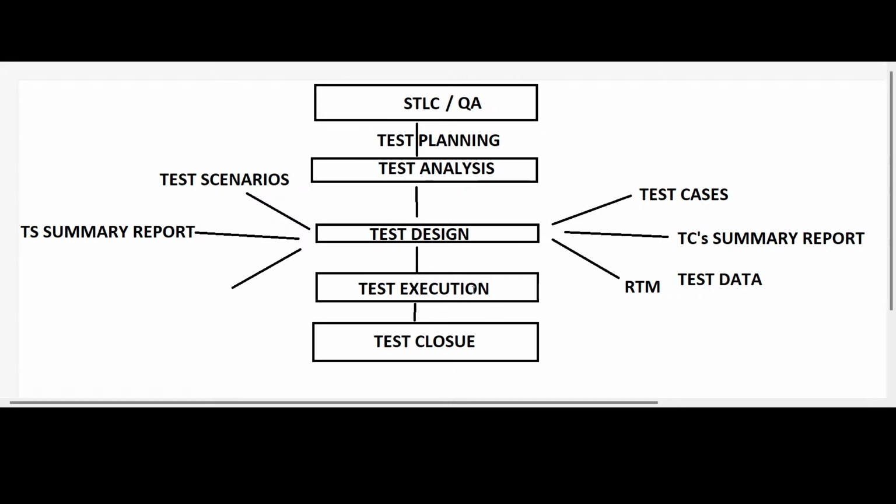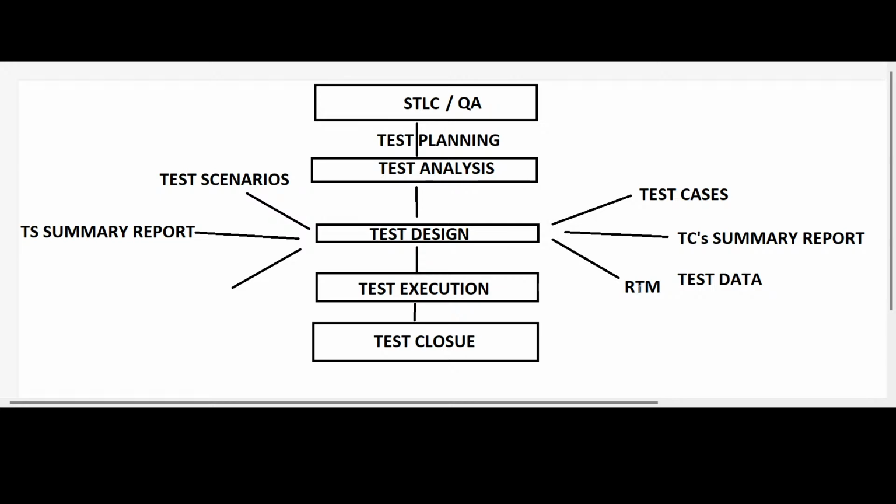Okay, so these are all the 6 things we are going to specify during our testing. The first one is test scenarios, the second is test cases, the third is the test scenario summary report, the fourth is the test case summary report, the fifth is test data, and the last one is the requirement traceability matrix.